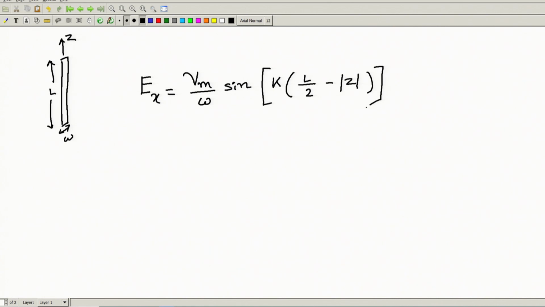What we will do now, we will take the help of the equivalence principle and then solve the problem. Using the equivalence principle, we can replace the aperture by a patch of magnetic current.